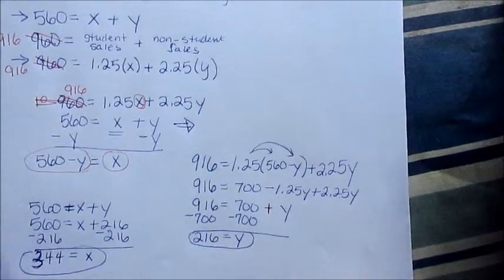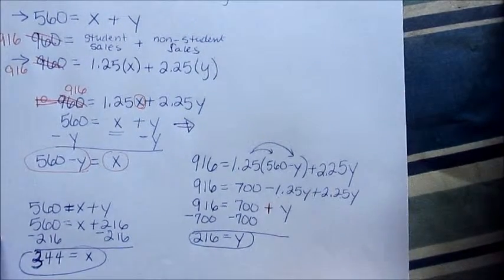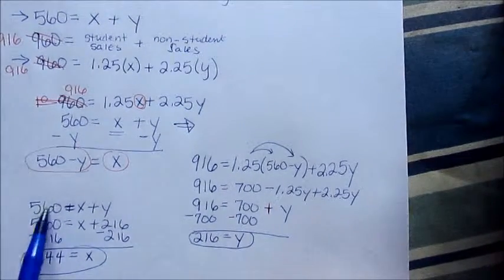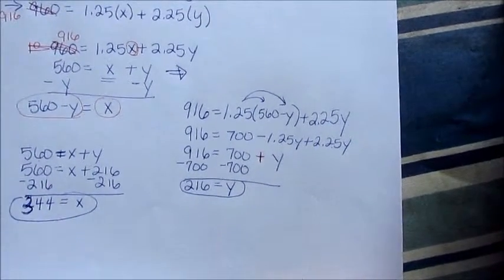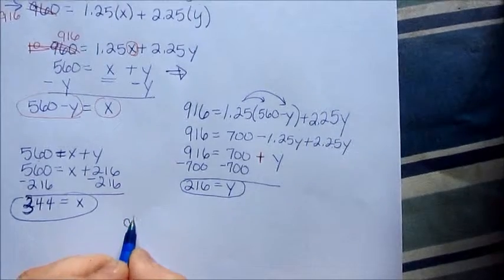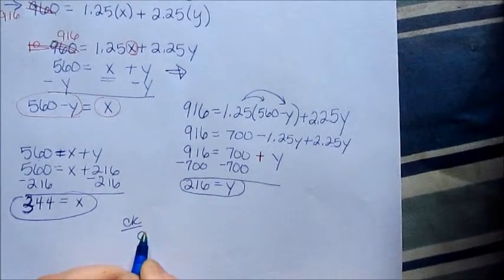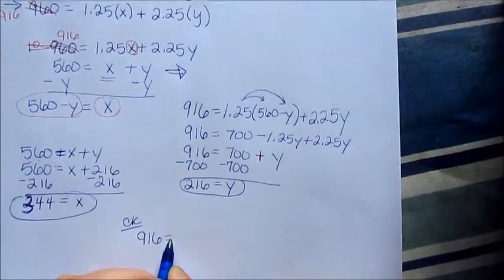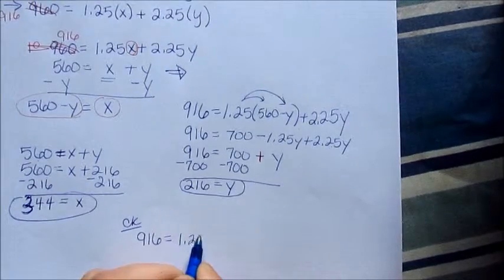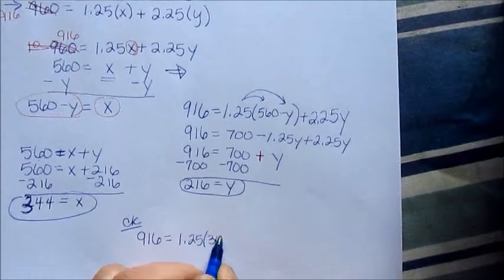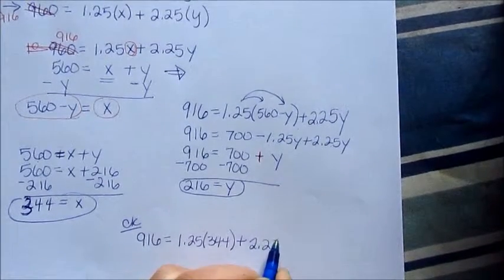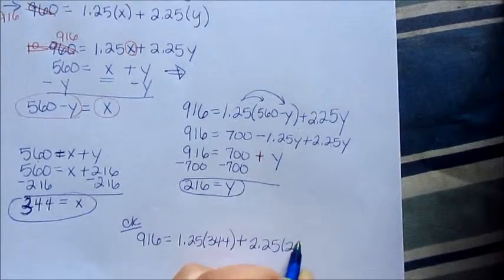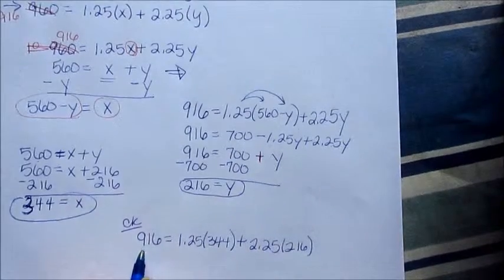So let's just check this. I put it in the number equation. Let's check the receipts. 916 equals $1.25 times 344 tickets sold plus $2.25 times 216 tickets sold.